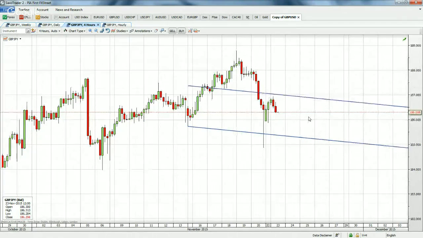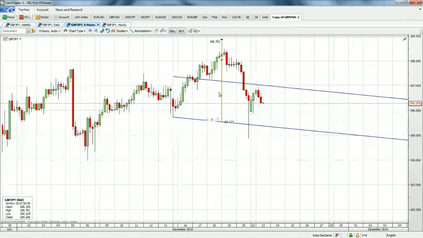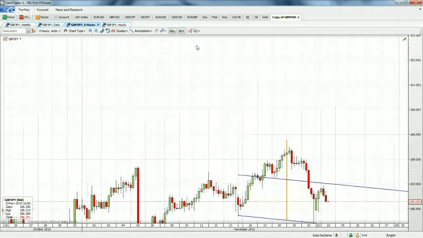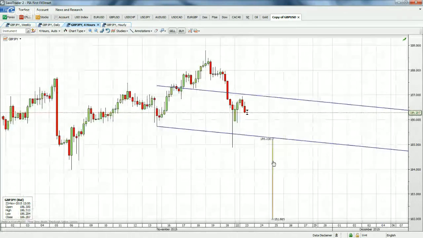And of course then we're looking at a breakout of the neckline to take us down to at least 182 the figure. The bottom of this daily channel formation is actually seen at 181, and that will be our medium term target.